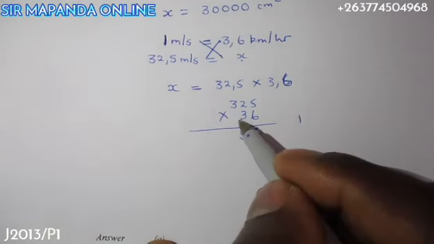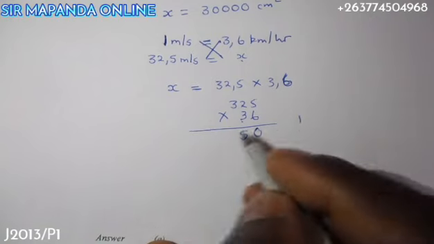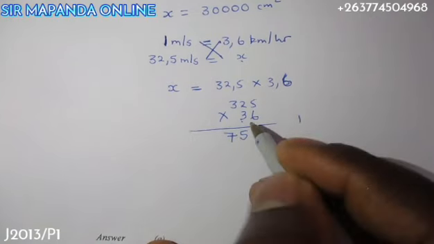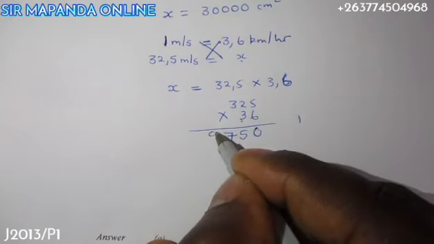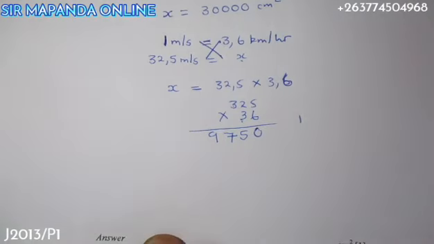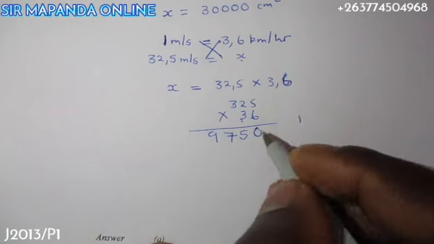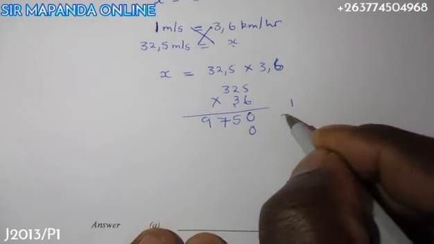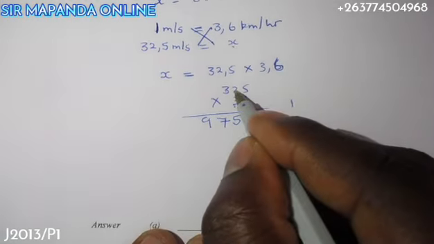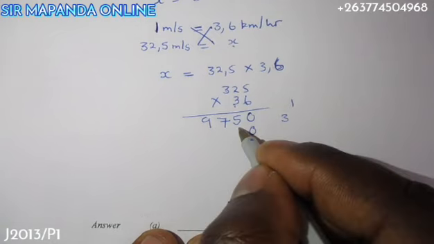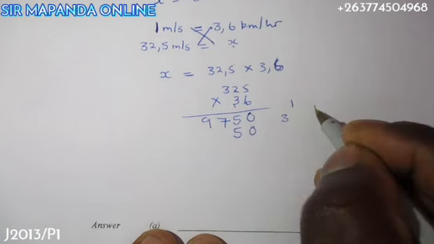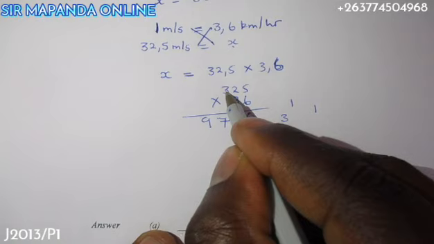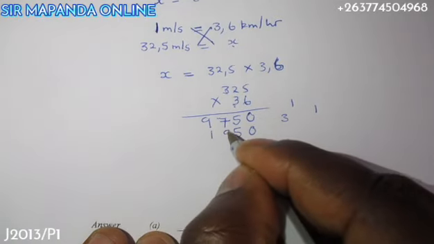Carry 1. 3 times 2, you get 6 plus 1. It gives you 7. 3 times 3, you get 9. I hope you are following. Then 6 times 5, you get 30, so it's 0 carry 3. 6 times 2, it's 12, plus 3, you get 15, carry 1. 6 times 3, you get 18, plus 1, it gives you 19.